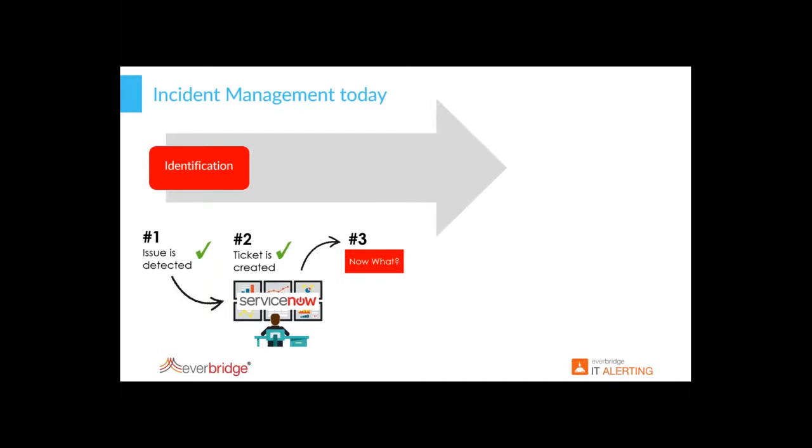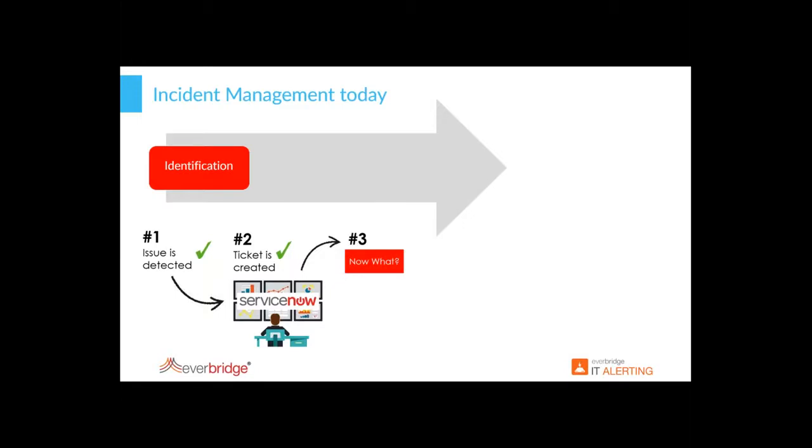Should that be because one of your IT application performance management tools or your network performance management tools has detected an availability issue on your website? Or it can also be your 24/7 NOC and IT operations monitoring your systems, your infrastructure, and your applications, detecting issues, right? So step one, issue is detected.